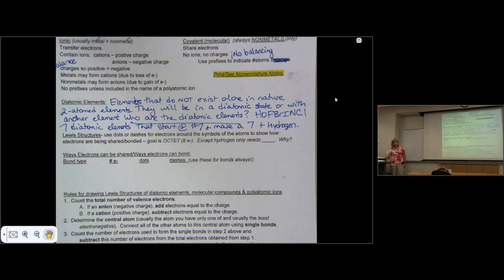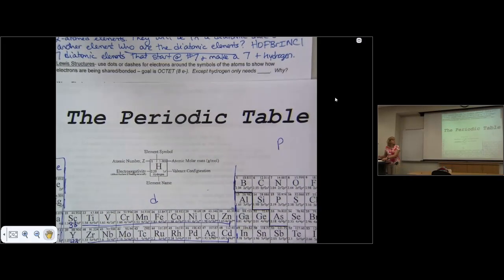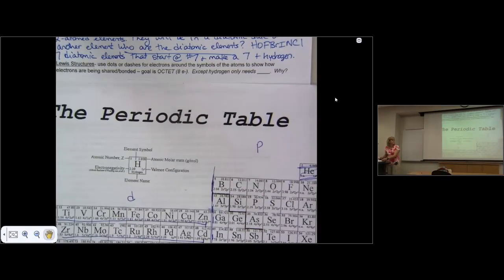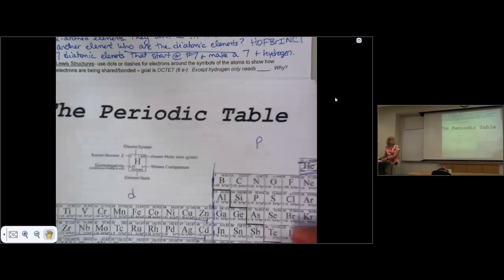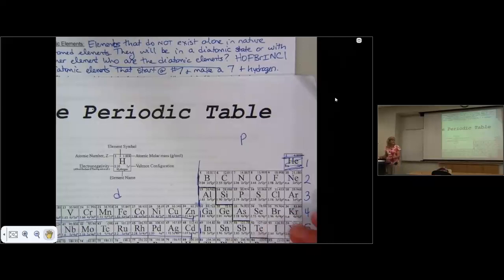So go to your periodic table. Who is 7? Nitrogen. Now make a 7 starting with nitrogen.